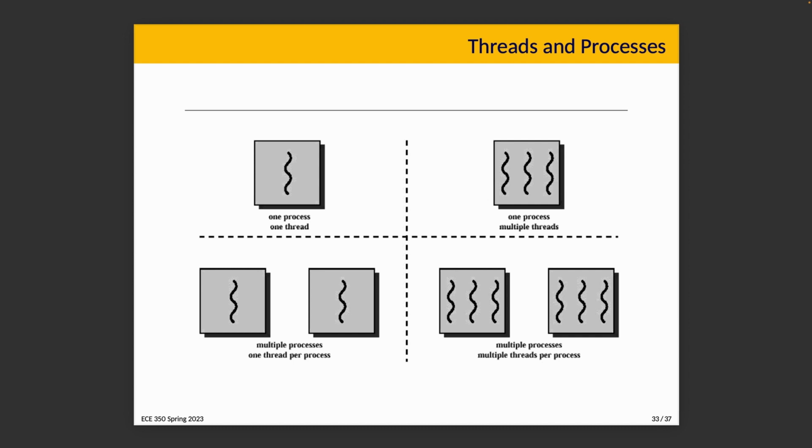With that said, nothing really stopped us from having the kind of organization that looks like the bottom right corner, where we have multiple processes and multiple threads per process, in which everything is on the table, right? We have our inter-thread communication plans as well as our inter-process communication to make it all work. Now, from the point of view of the operating system, it doesn't matter so much which organization the user program chooses.